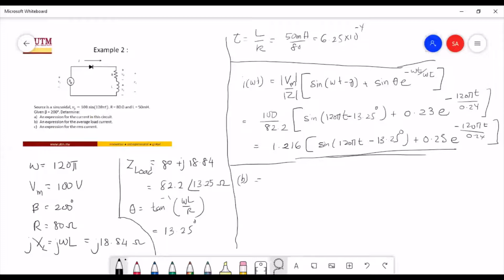You need to know that for anything average, you need to know the general average equation. The general average equation is 1 over the period, and then you integrate from 0 to T, the one period, of i. This is omega t actually, and this one is also omega t.